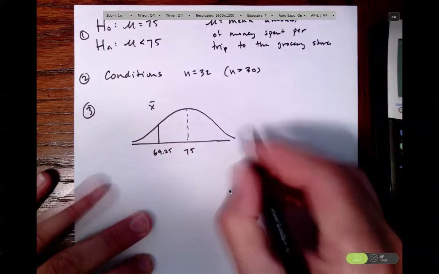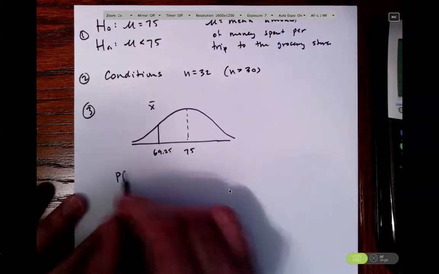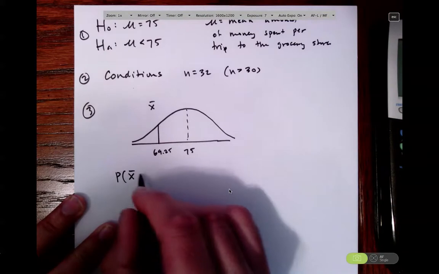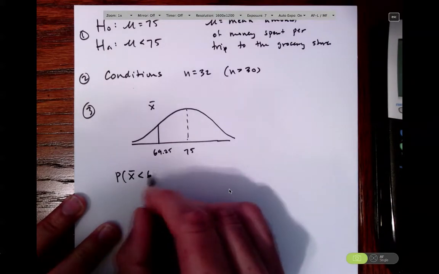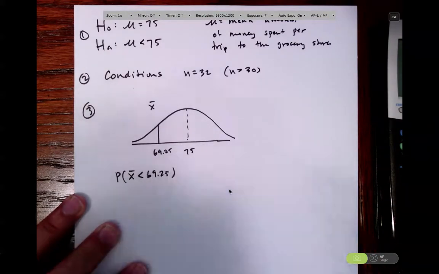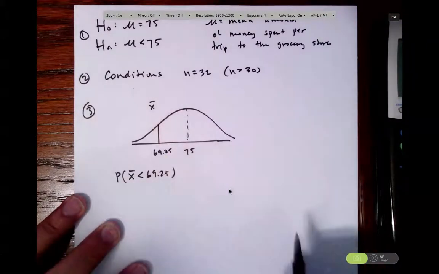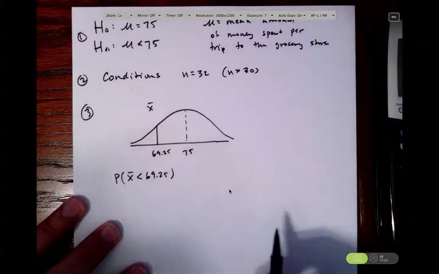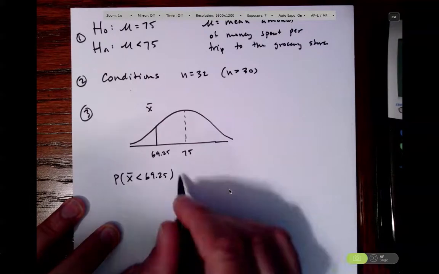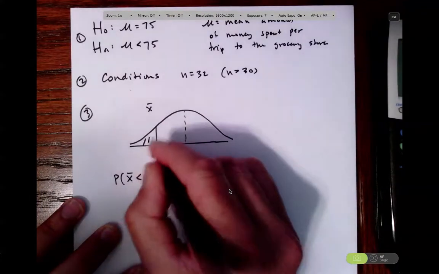What we're trying to do here is find out the probability that we're going to get a sample mean that is less than 69.25 from a sample from this grocery store. Sample of 40 people. So we're trying to find the probability over here.